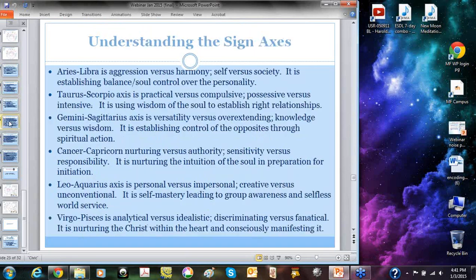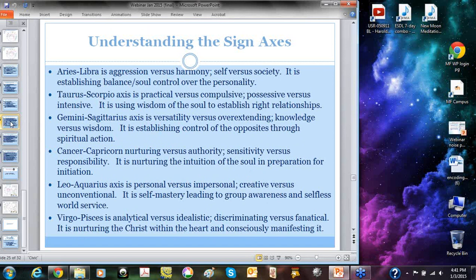So we're back to the consideration of the axes. And again, it's not a hard thing to figure out what the axes are. We know that Cancer is nurturing. We know Capricorn is authoritative. So you see the axes, and in many respects, they're totally opposites. Leo is the self, the personal.